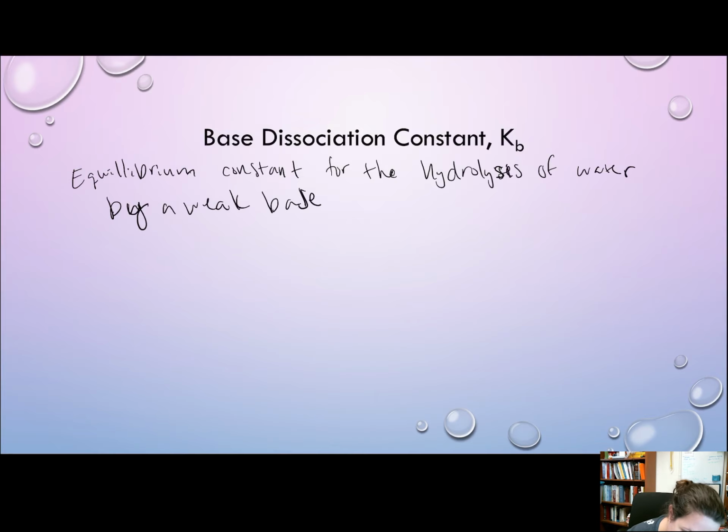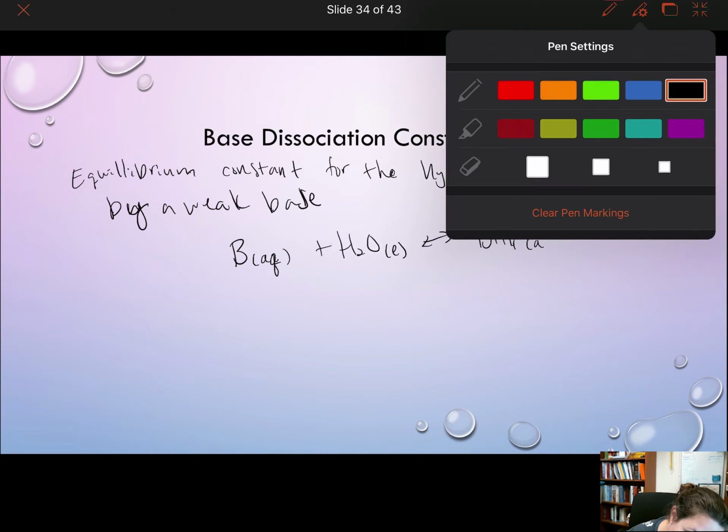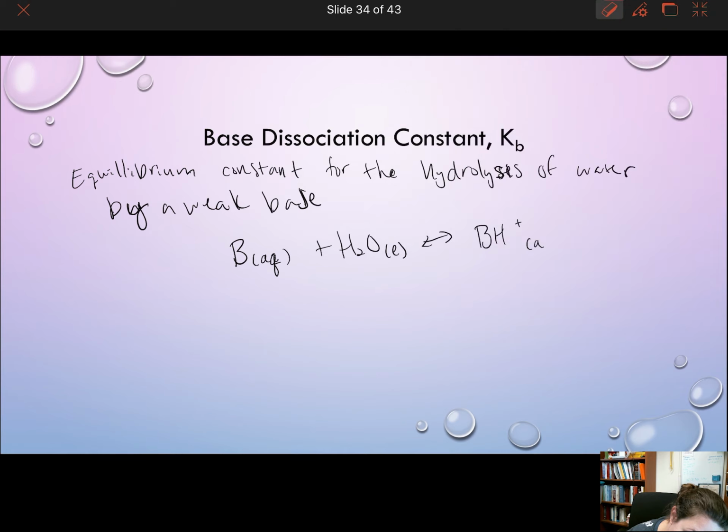So we could look at it in two ways. Our base reacts with water to produce our conjugate acid plus hydroxide.